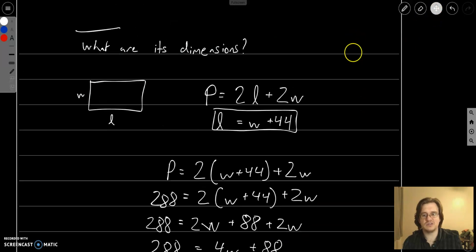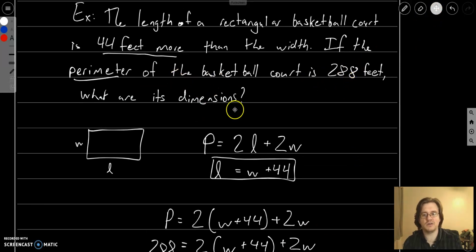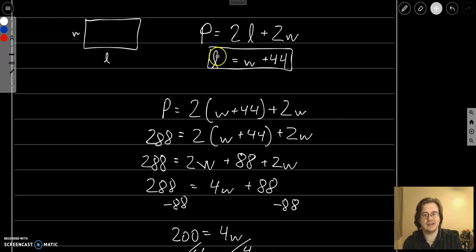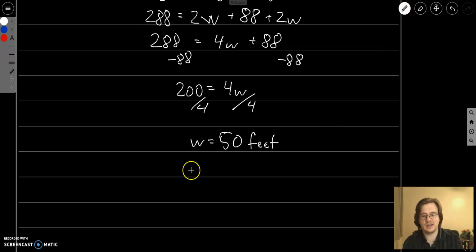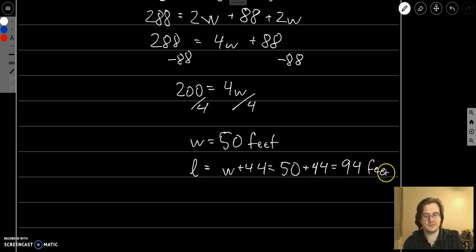But our original question asked for all of the dimensions, not just the width. So the length is 44 feet more than the width, as in L is going to be W plus 44. So if I need to know the length, that's going to be W plus 44. Well, W is just 50. So 50 plus 44 will be 94 feet.